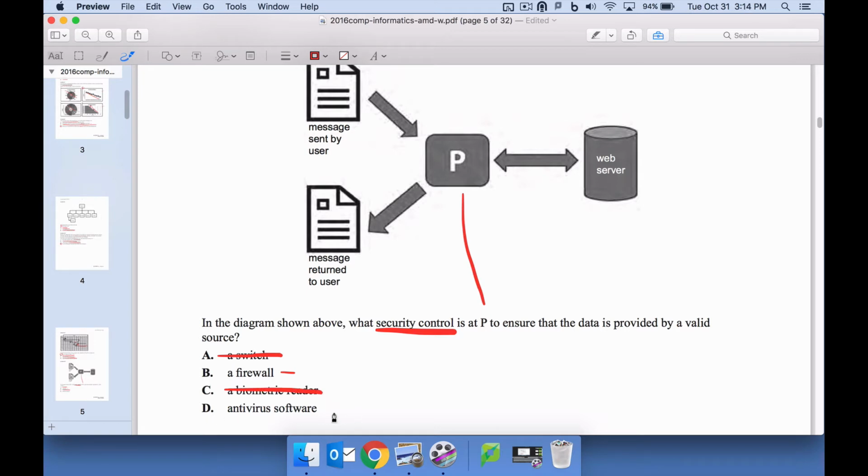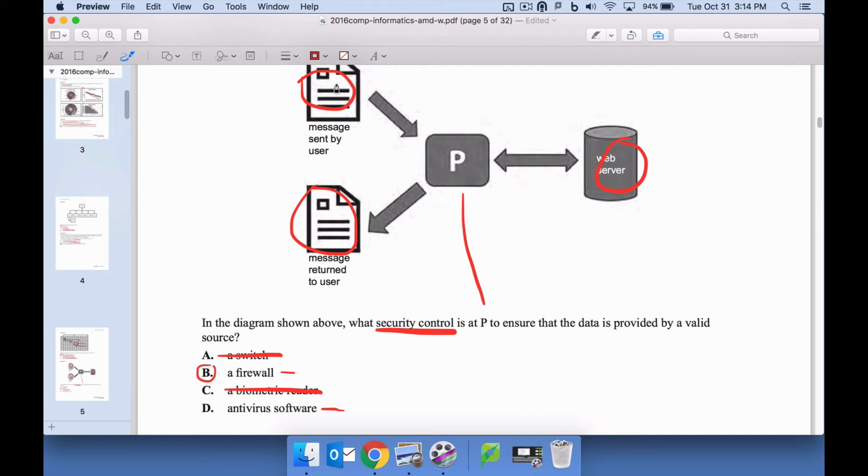And antivirus software. So that's interesting because you might say that yes, an antivirus should be here. But I can tell now from the two options that are left, B and D, it's definitely a firewall. And that's because an antivirus software should be installed on the local computers here, and even on the web server you can have some sort of antivirus software running here and checks.